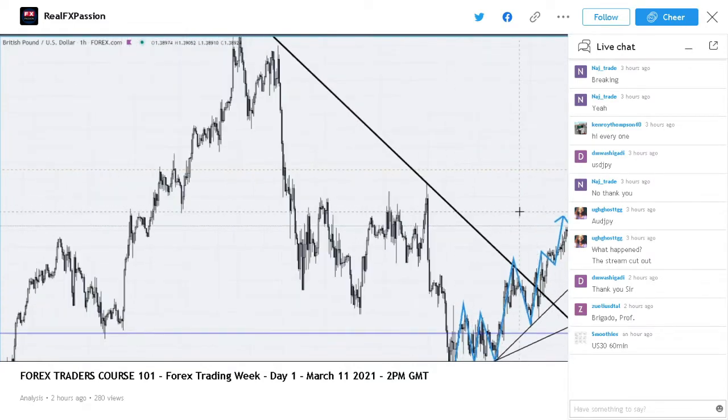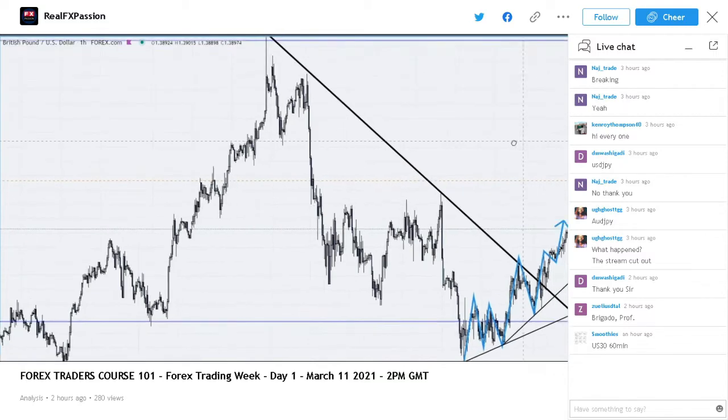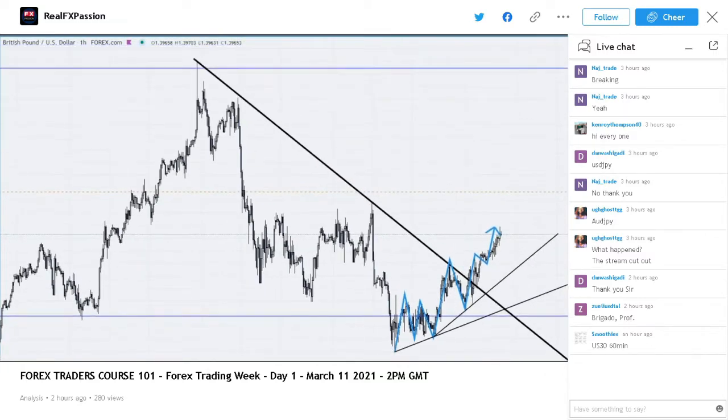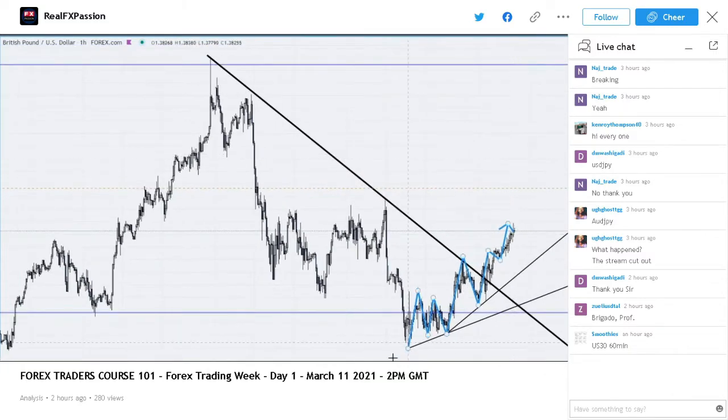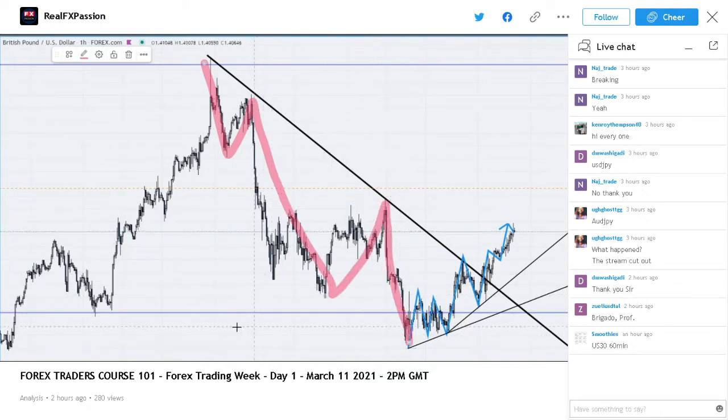Okay, so talking about implementing what we have learned so far, everybody, we learned about the market wave, right? And this is the market wave: extension, retracement, extension, retracement, extension. Okay, so even though we are moving up, the market is still short term in a down retracement.